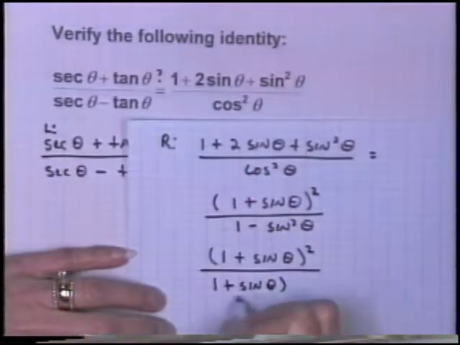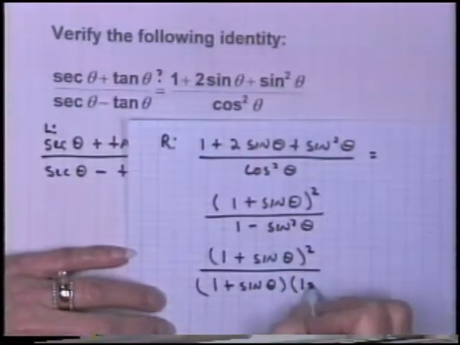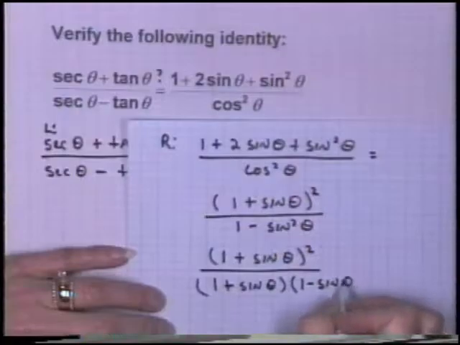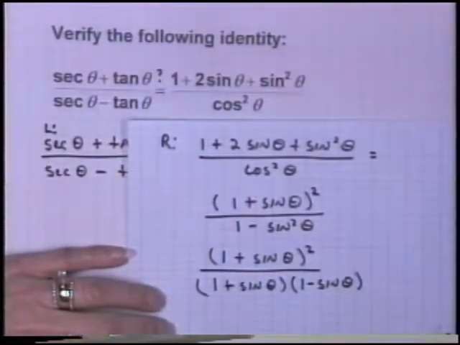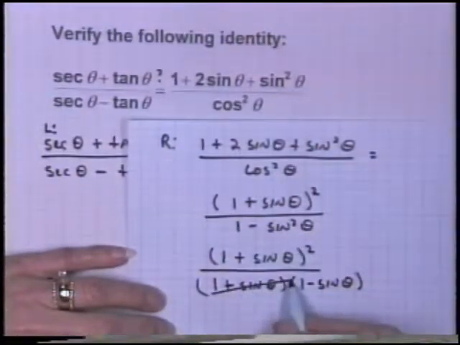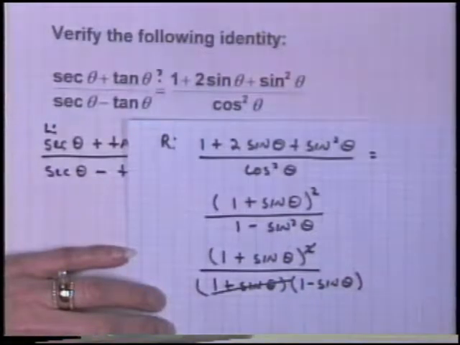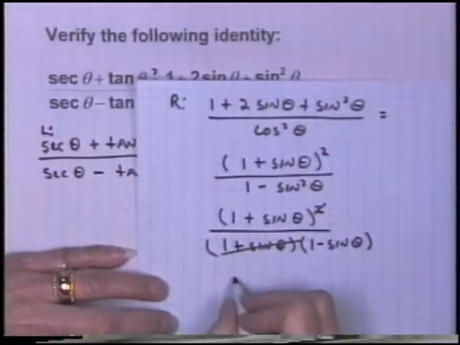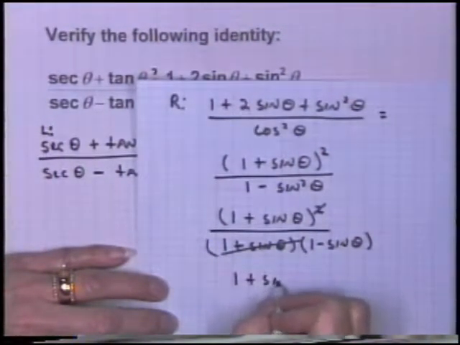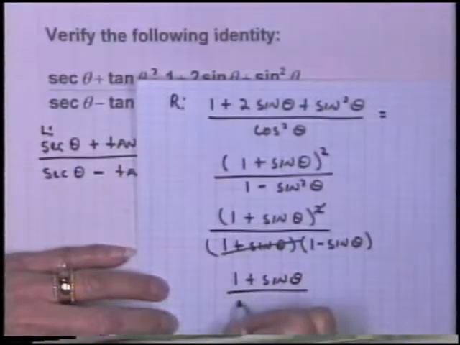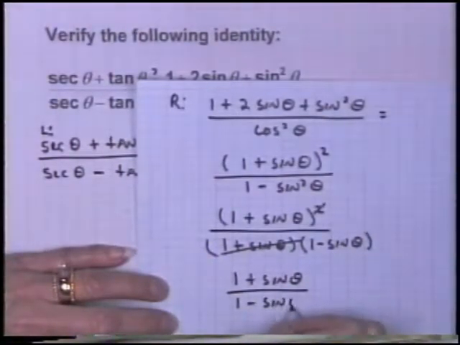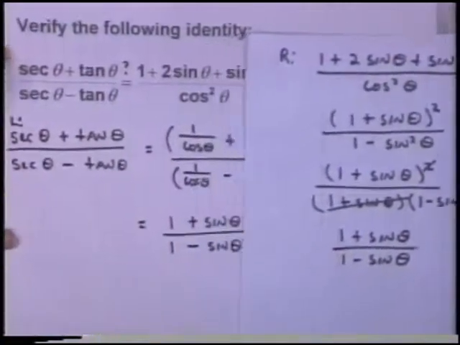And I'm going to factor this denominator as 1 plus sine theta times 1 minus sine theta. Now look, this 1 plus sine theta is going to cancel one of my factors up here. And so I have 1 plus sine theta over 1 minus sine theta.